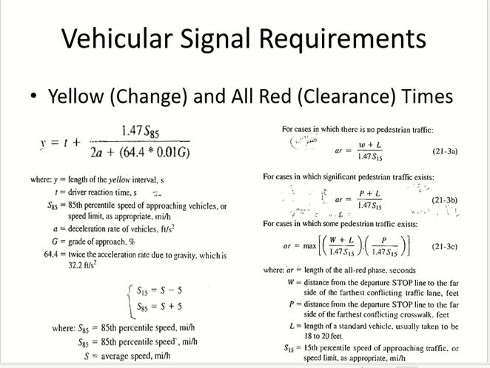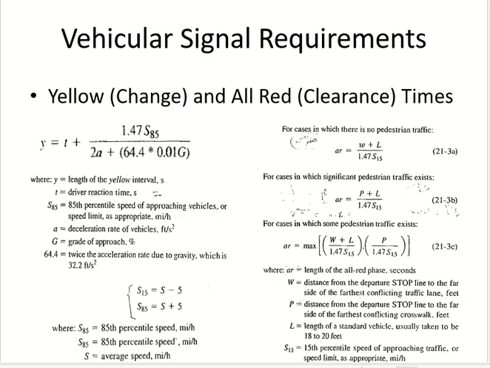Okay, so on the left hand side you see the equation for yellow or change interval. On the right hand side you see the interval for all red. The yellow equation is basically coming from the equation of stopping sight distance. The equation of stopping sight distance gives you what? It gives you distance, right?